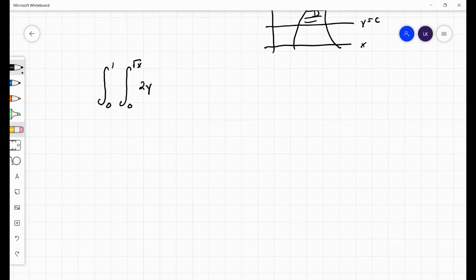It doesn't really matter. Okay. And they say, well, can we first of all write this as a single integral if we switch the order of integration? So can we write this as a single integral if we switch the order of integration?